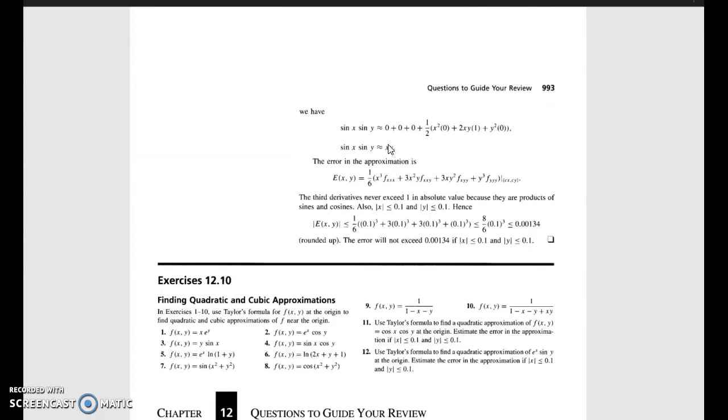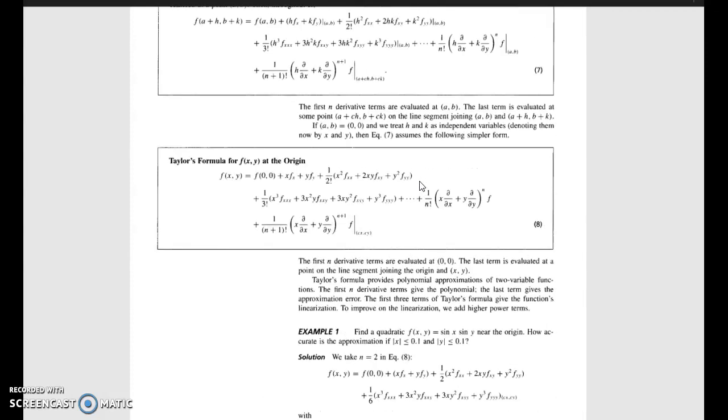So this is approximately equal to 0 plus 0 plus 0, plus 1 by 2 into (x square into 0 plus 2xy into 1 plus y square into 0). This is approximately the same as xy. So the error will be the next term, that is 1 by 6 into the third-degree terms.